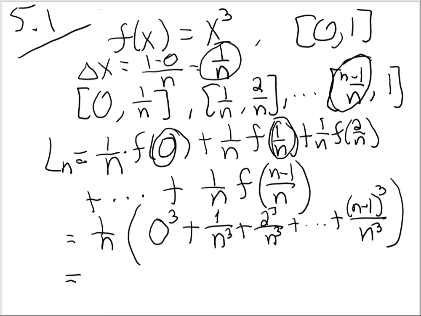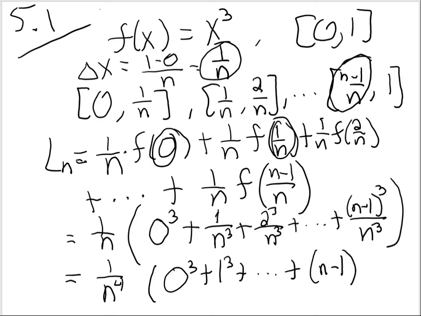I can take out the divided by n cubed because 0 divided by n cubed is still 0. This will be 0 cubed plus 1 cubed plus dot dot dot plus n minus 1 cubed. Okay, so what can we do with that?